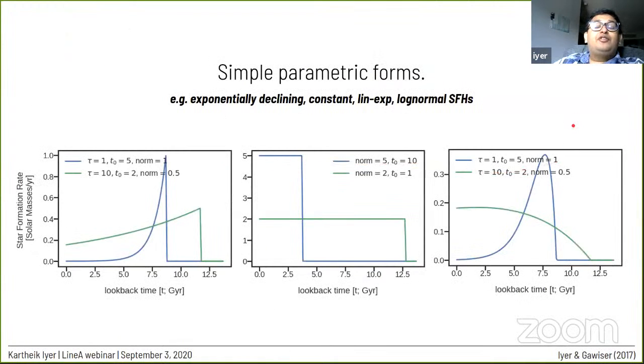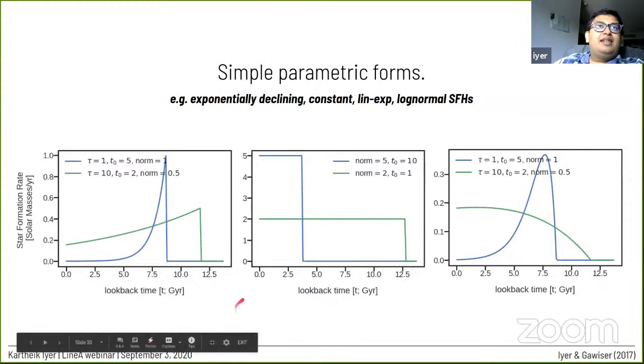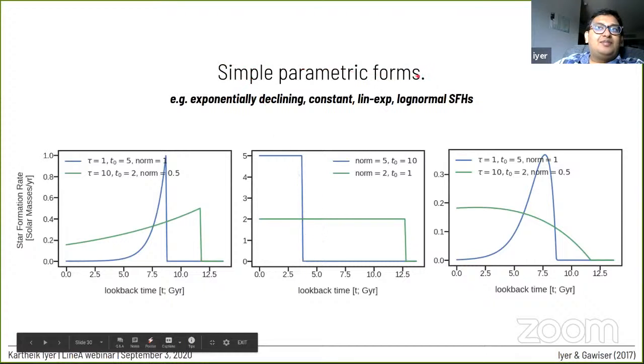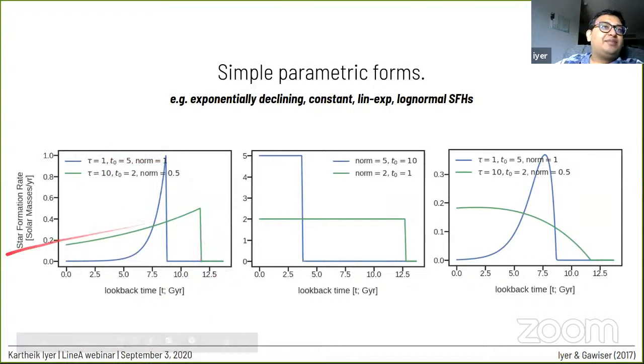So how do we get star formation history information from observations? For the longest time, in trying to estimate stellar masses and star formation rates from galaxy SEDs, people assumed simple parametric forms for the star formation history. So they assume that, oh, okay, the star formation history probably looks like an exponentially declining curve. And if we measure its parameters, then we can, with these three numbers, completely specify the shape of this curve.